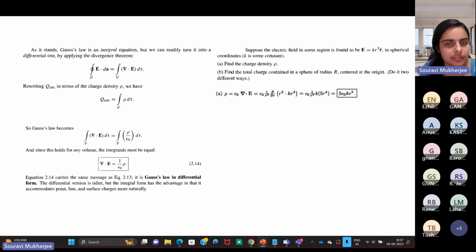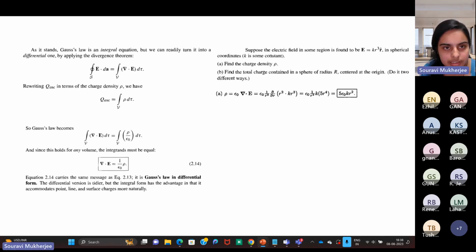See, there you know the electric field, right? So what does the Gauss's law tell you?